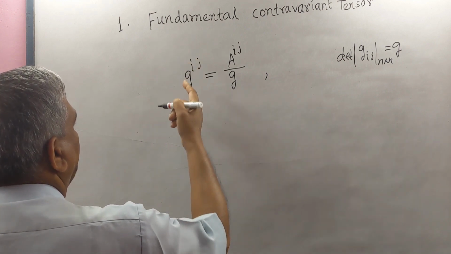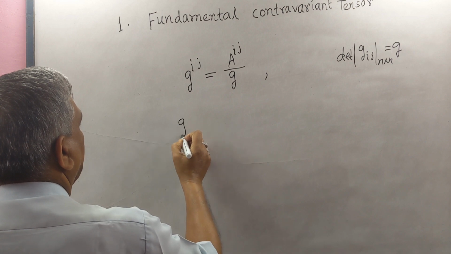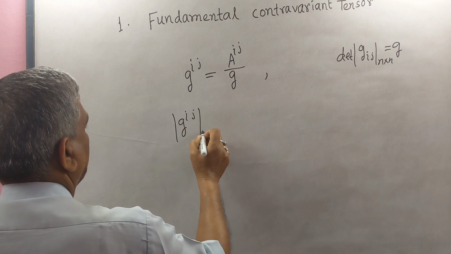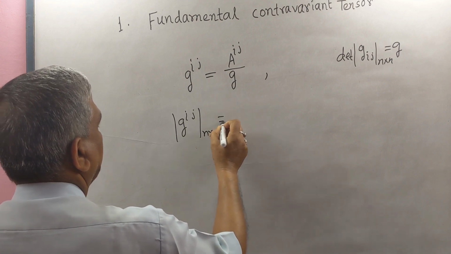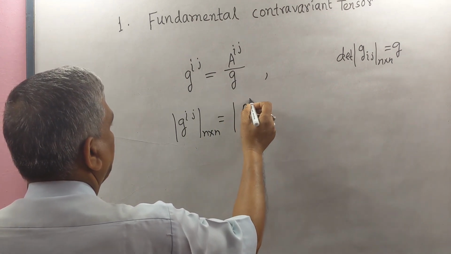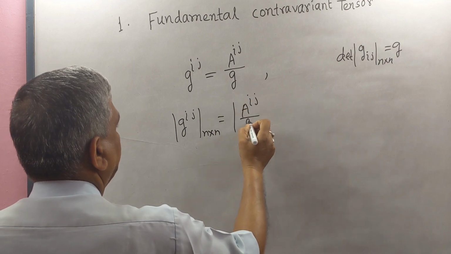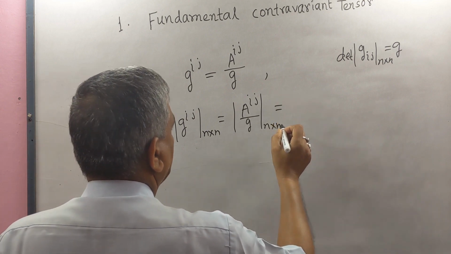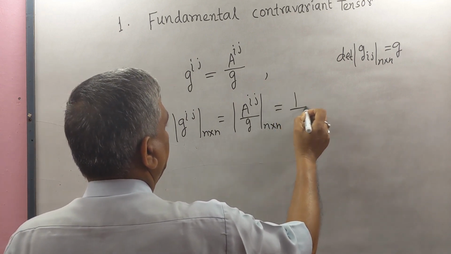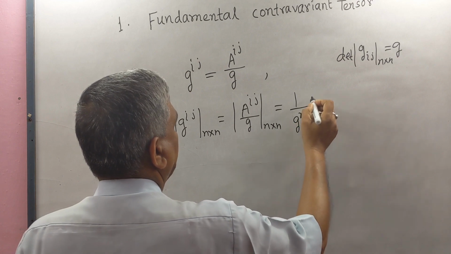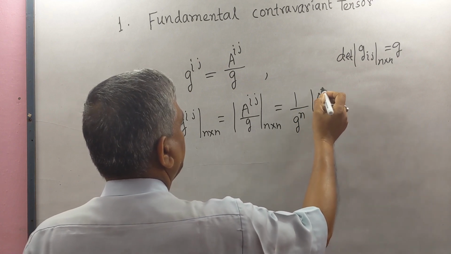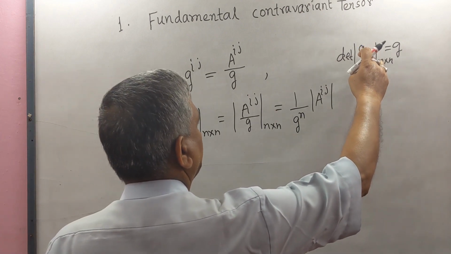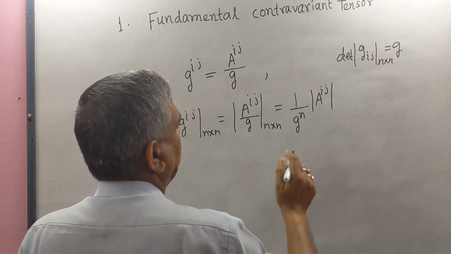Now the determinant of g^ij will be the determinant of A_ij by g, n by n. This will be equal to 1 by g to the power n times the determinant of A_ij, where A_ij is the cofactor of g_ij.